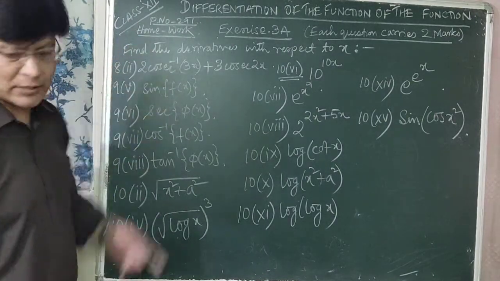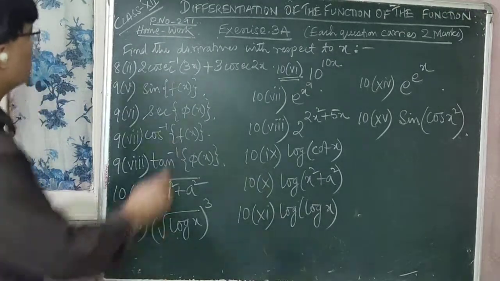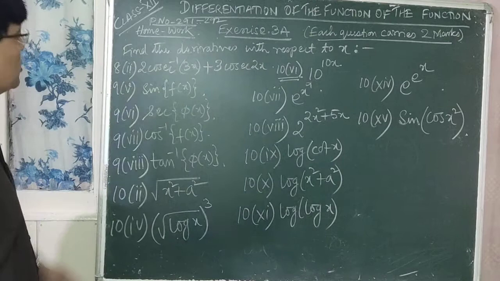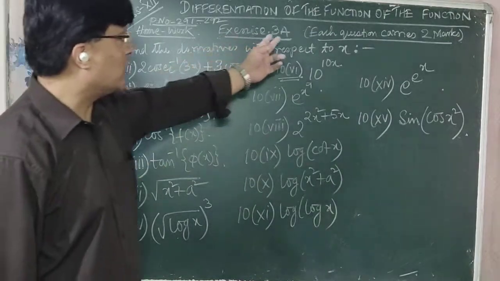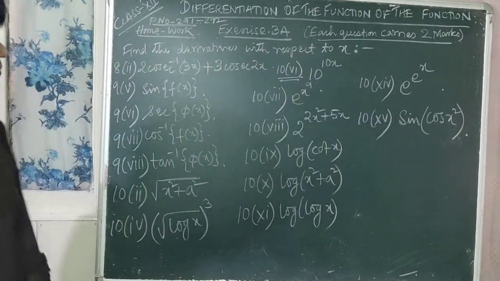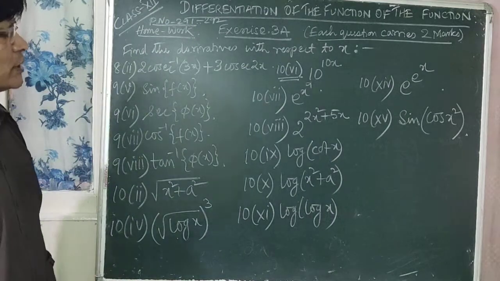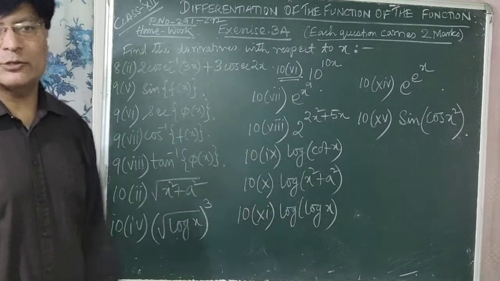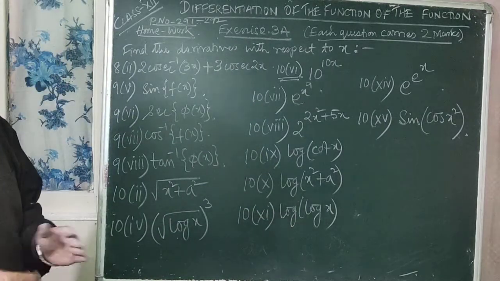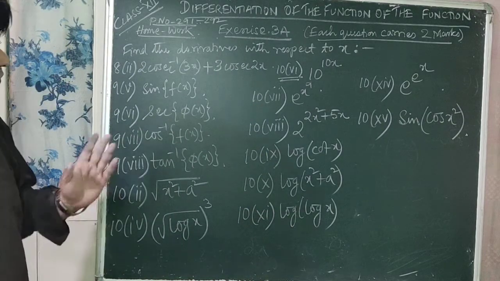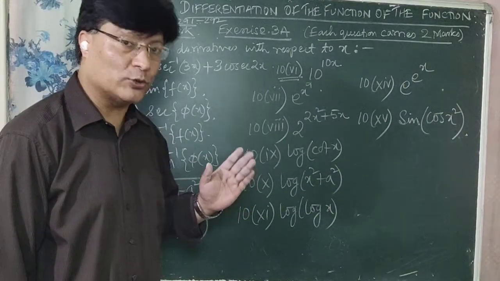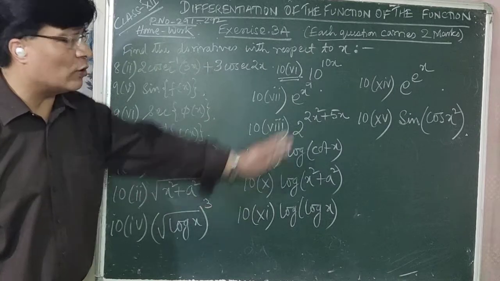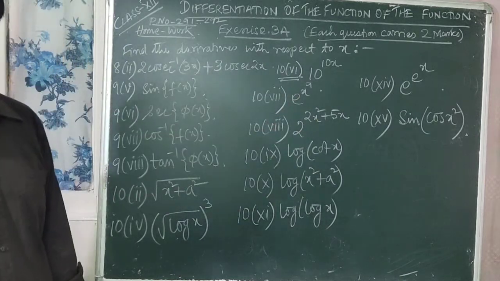This is from page number 291 and 292, right? Exercise 3A, each question carries 2 marks. So you have to find out the derivatives with respect to x. These are the questions that you can do at home. So first of all, you revise all the problems that we did today, and it will be easier for you to do all these problems at home.